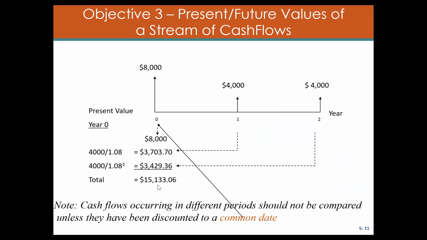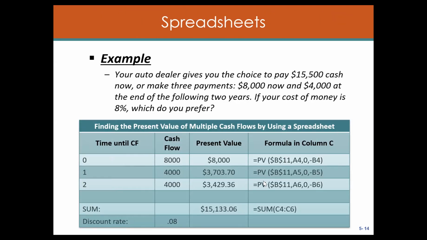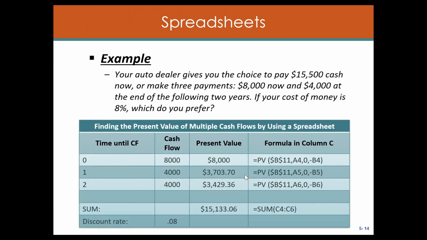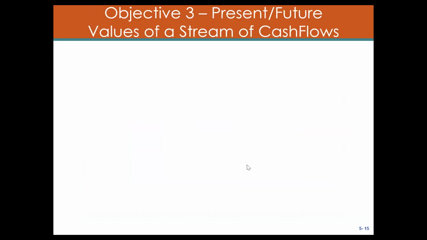The present value of the option of 8,000 now, 4,000 year 1, 4,000 year 2 is $15,133 as opposed to $15,500. Obviously, I will choose $15,133 to pay, and that gives me the option to spread out my payments also.